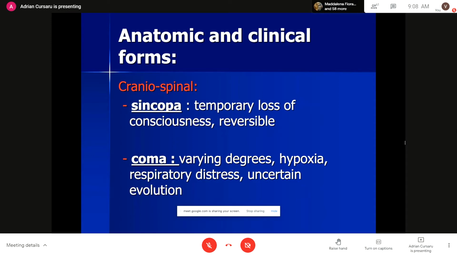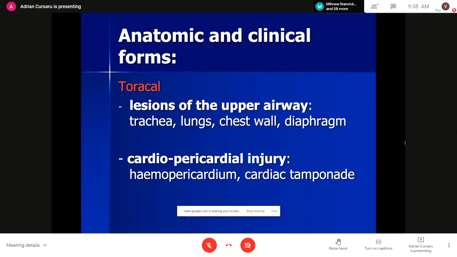Coma has varying degrees, and we will discuss it. It is very important to diagnose hypoxia and respiratory distress, with urgent evolution, because in most cases coma patients have a big problem with cranial or cerebral injuries.